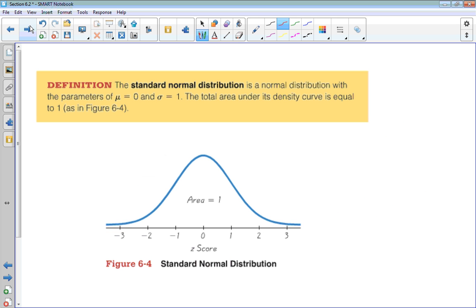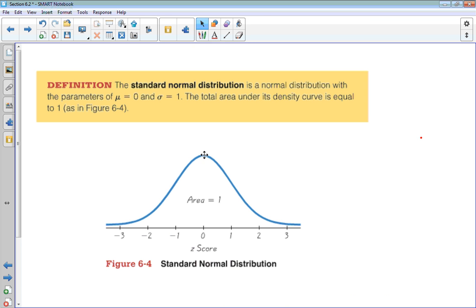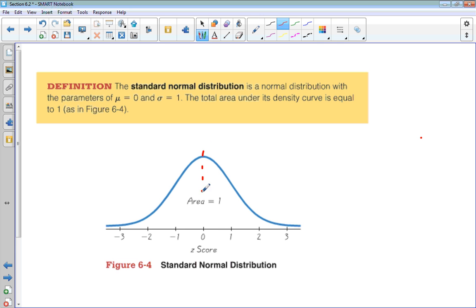So here's a picture of the normal standard curve. Please note this is exactly the picture we looked at earlier. You'll see that here's my z-score, exactly in the middle. My z-score is 0 because mu is 0.